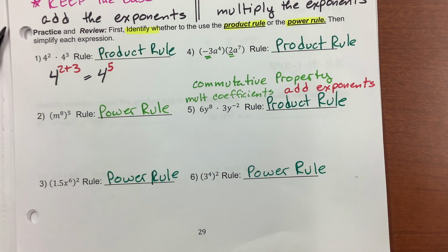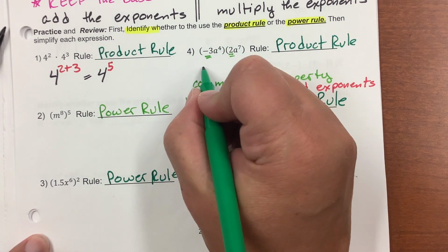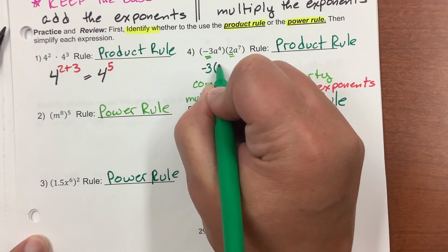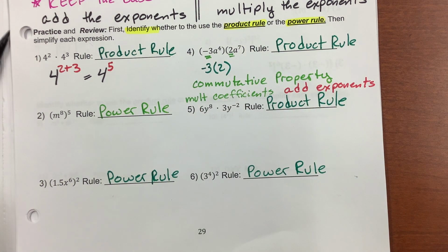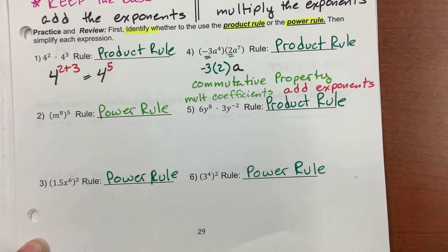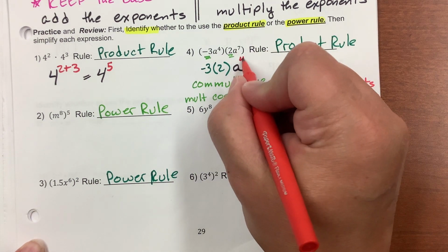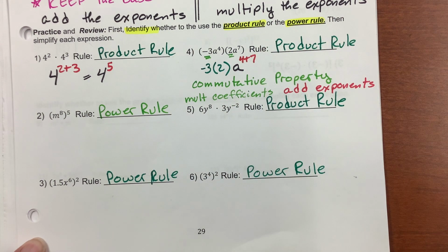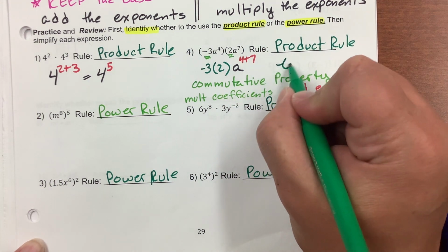I'm kind of off the paper there. So I'm going to start with multiplying my coefficients. -3 times 2. And I'm going to keep the base a, and I'm going to add the exponents 4 plus 7. So -3 times 2 is -6.